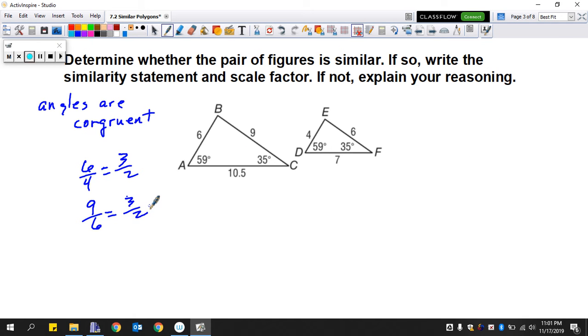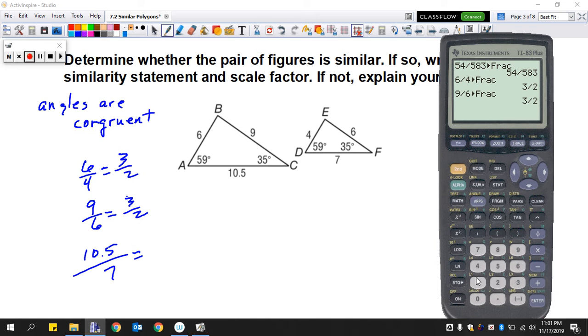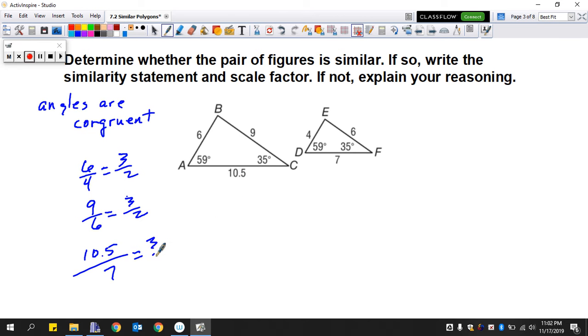And the last one is 10.5 to 7. When we plug that in, that is the same too.